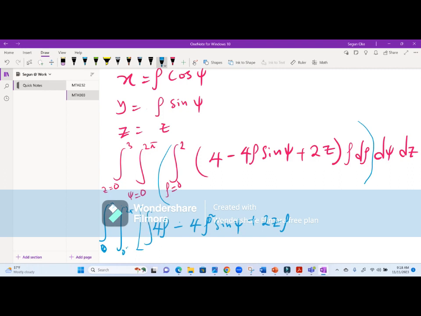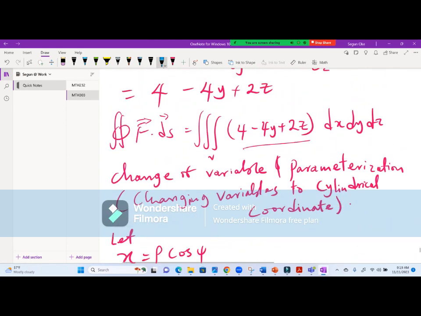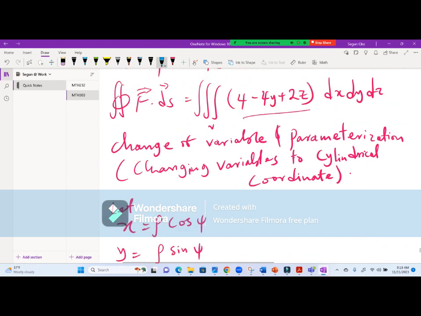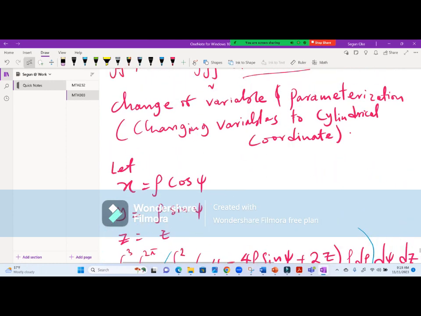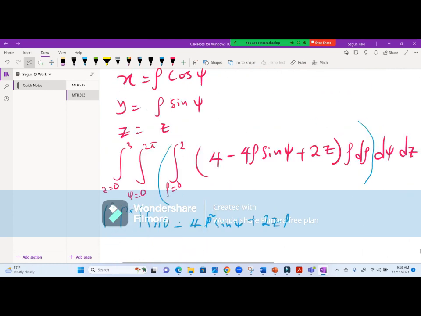Where do we get this rho from? I will explain. We got this rho from, by the time you substitute, you differentiate this in order to get our dx out. So at the end of the day, by the time you differentiate the x, you will have one of the rho. The last rho will be there.